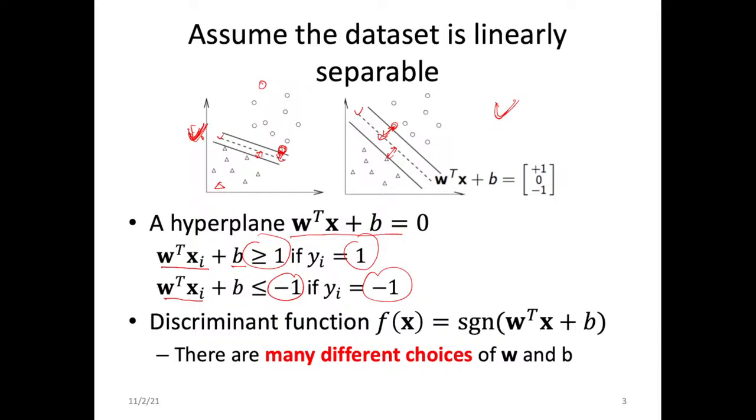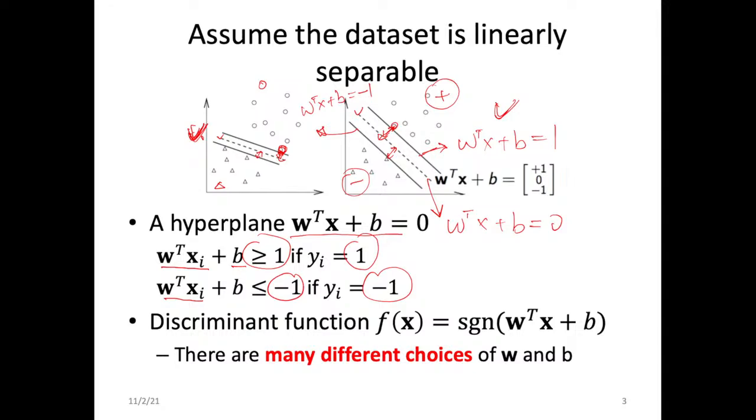So this dashed line here is W transpose X plus B equals 0. If here is the positive class and here is the negative class, then this line means W transpose X plus B equals 1, and this line means W transpose X plus B equals -1.